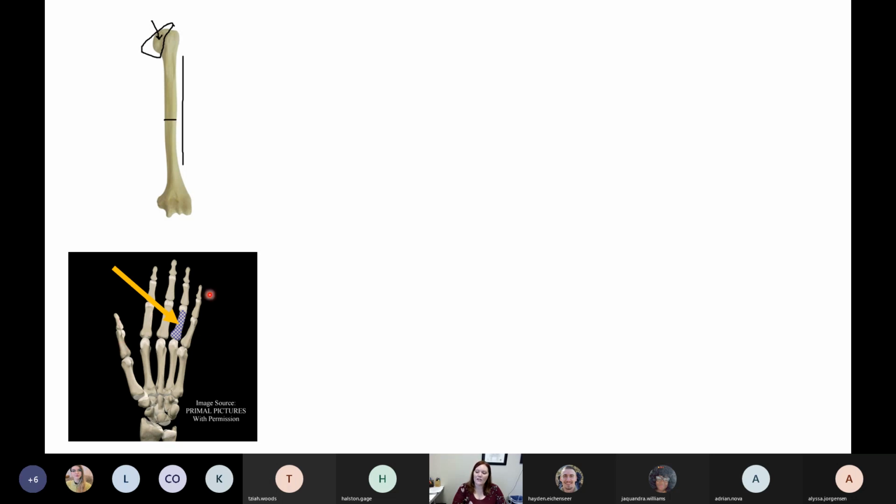So all of these bones that we have out here are all called phalanges, which means I have to be specific and describe their locations. Some of my phalanges are really close to the palm of the hand. Some of my phalanges are really far away from the palm of the hand.